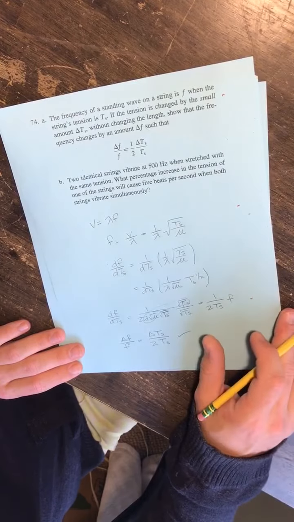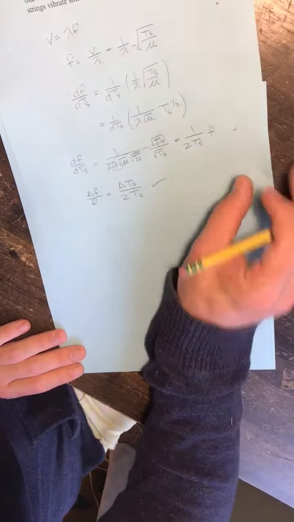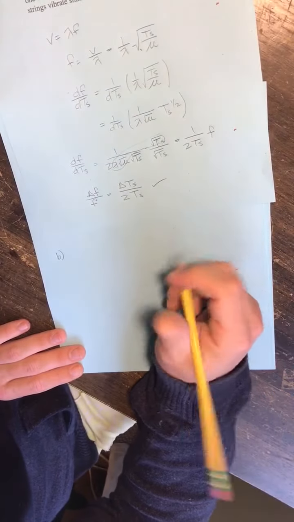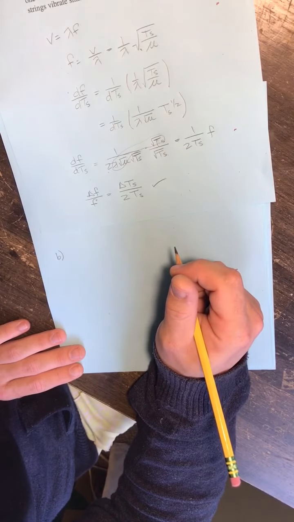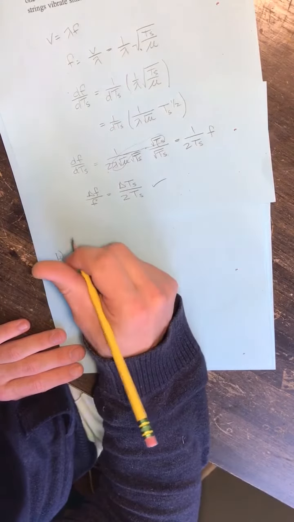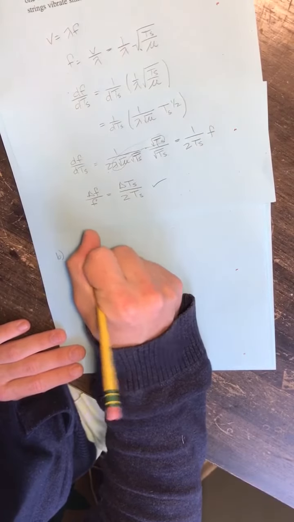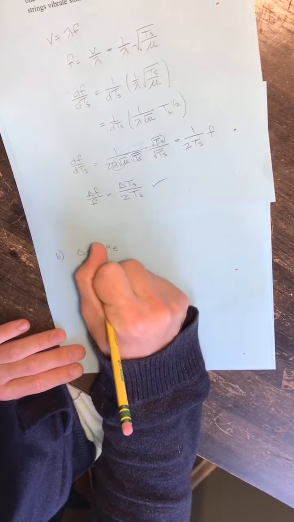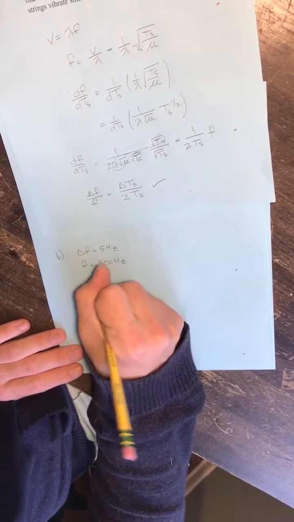All right, so for part B, it asks what the percentage increase is when the strings vibrate at 500 hertz and we hear 5 beats per second. So if we're hearing 5 beats per second, then that means the change in the frequency is 5 hertz. The frequency is given to be 500 hertz, and we want to know what the percentage increase in the tension needs to be.